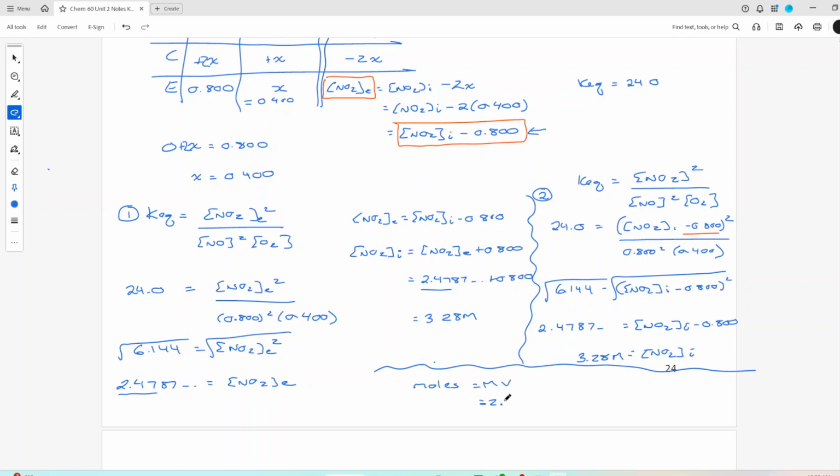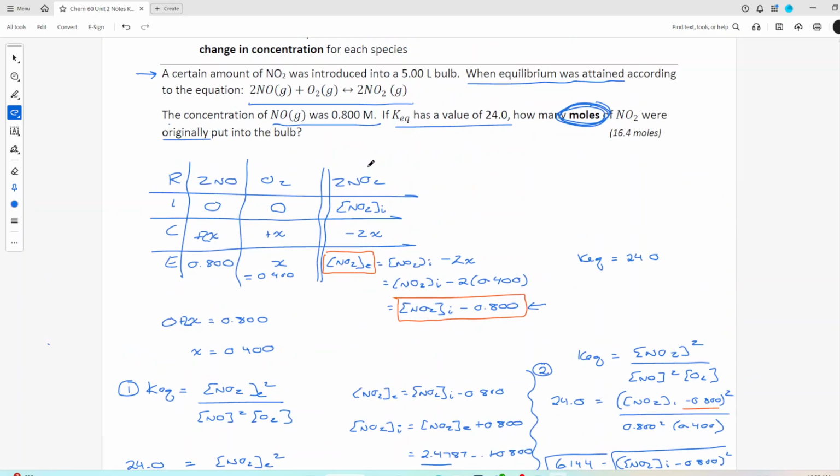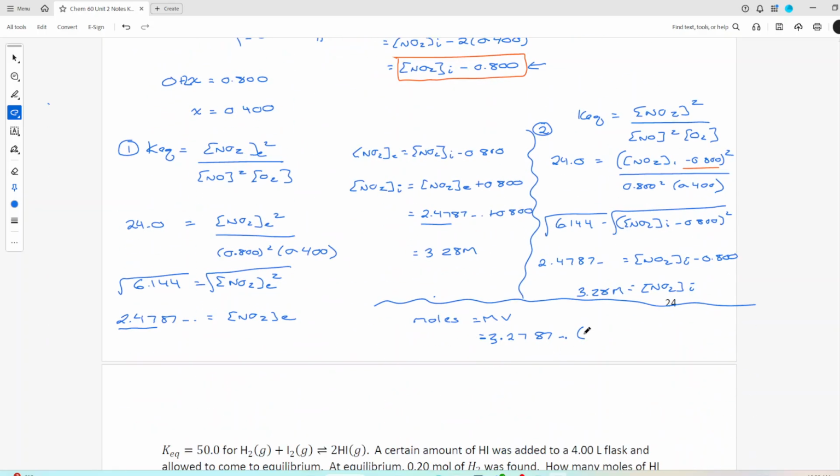So 3.2787... times the volume of the flask was 5 liters, or the bulb. So then the number of moles is going to be 16.4 moles. That would have been crappy if that was a test. So always be careful that you've answered what the question asked you for.